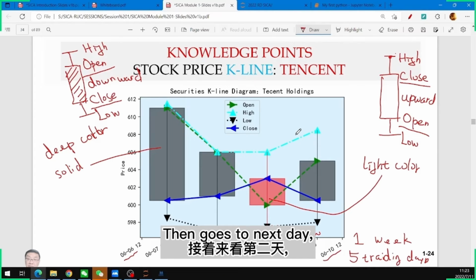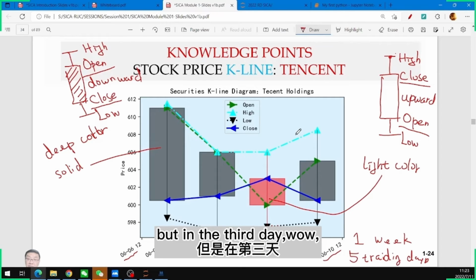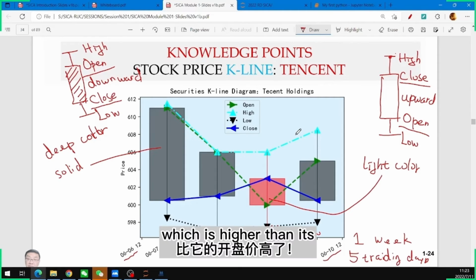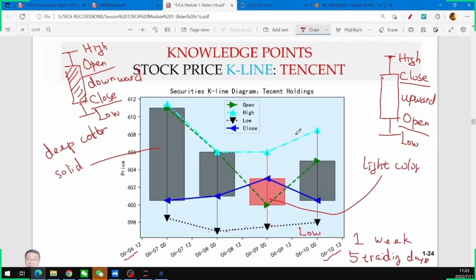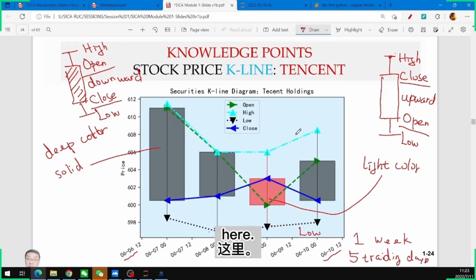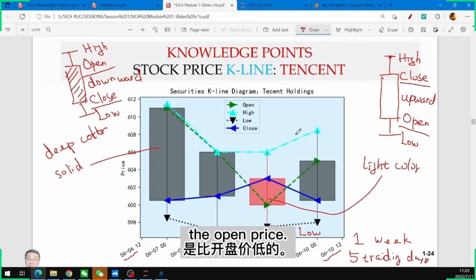Then it goes to the next day. Wow, the close price is still lower than the open price. But on the third day, eventually the close price goes higher here, which is higher than its open price. But the next day, the close price goes down here. So the close price here, of course, is lower than the open price.